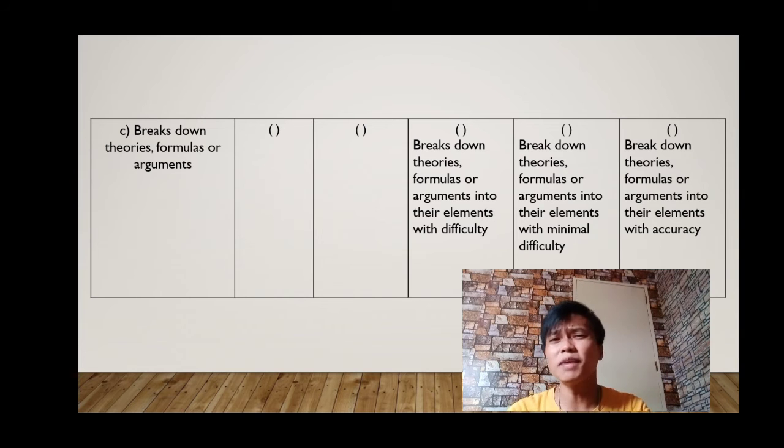An example of this is the students can understand or analyze each of the theories, formulas, and arguments with accuracy. So they can classify each of these into their elements.